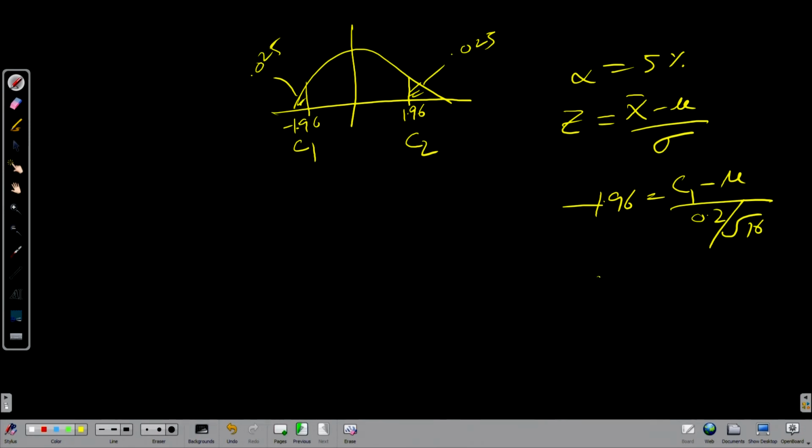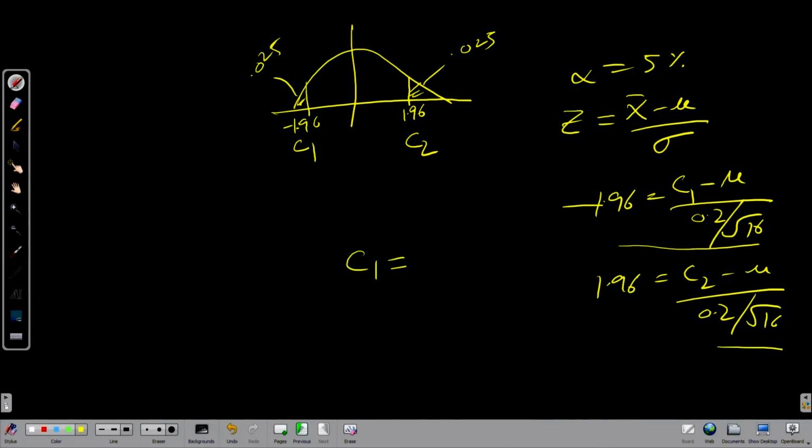Similarly, 1.96 is equal to C2 minus mu divided by 0.2 by root 16. From here we calculate the value of C1 and the value of C2. Simplifying, C1 we will get I think 7.902 if I remember correctly, and C2 will be some 8.098.